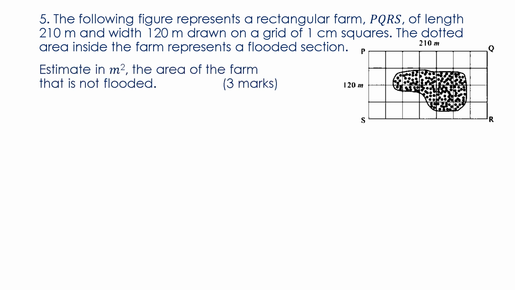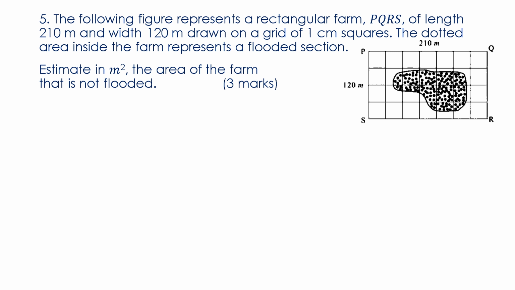Then you are asked to estimate in square meters the area of the farm that is not flooded. This is area estimation or approximation by counting techniques in your form 4.